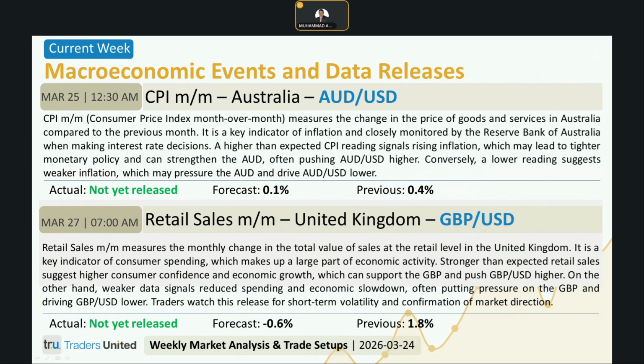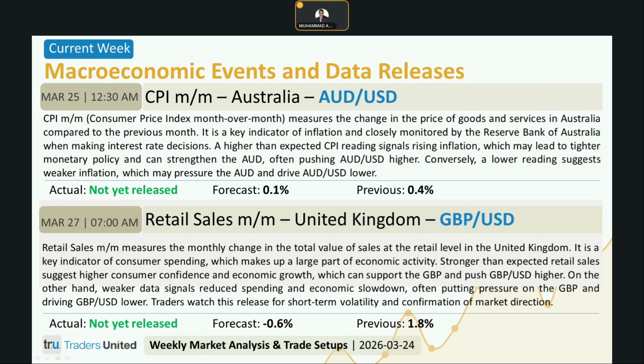A higher than expected CPI reading signals rising inflation in the economy, which may lead to tighter monetary policy and can support the Australian dollar, often pushing AUD USD to the upside. On the other hand, a lower reading suggests weaker inflation, which may weaken the AUD and drive AUD USD lower.